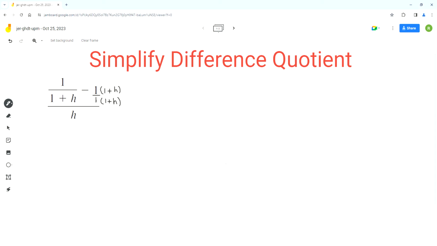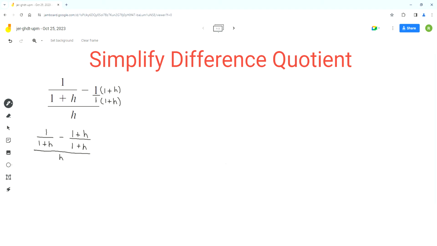The first fraction stays the same, 1 over 1 plus h, and then minus 1 plus h over 1 plus h. So 1 times 1 plus h is 1 plus h, and in the denominator 1 times 1 plus h is also equal to 1 plus h, over h.